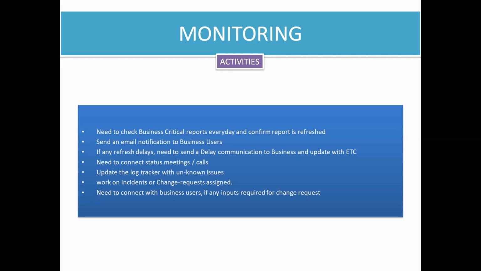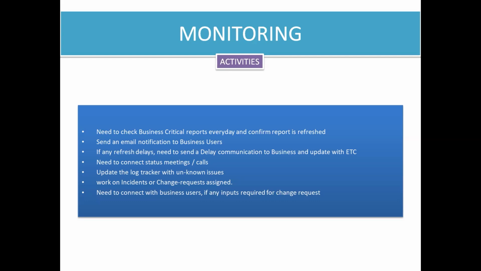Then the third point: if there are any refresh delays, we need to send a delay communication to the business. If the underlying HANA model or the SAP table is not refreshed with the current data, the report will not be updated with the current, live data.